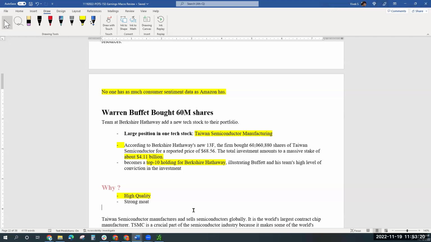TSMC is the biggest player in chip manufacturing, with such a strong hold on the most recent advanced chips: 90% are produced by TSMC. It has become so important that it is becoming a thorny issue. The only reason the US is interested in saving Taiwan is because of TSMC. If TSMC goes under, the rest of the world goes under, because we can't get those chips.